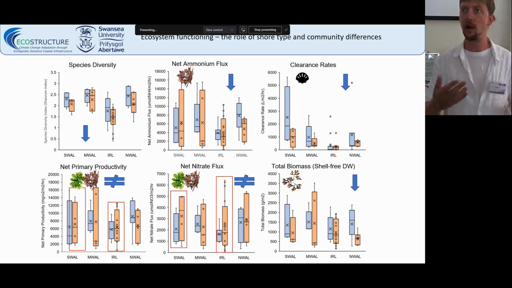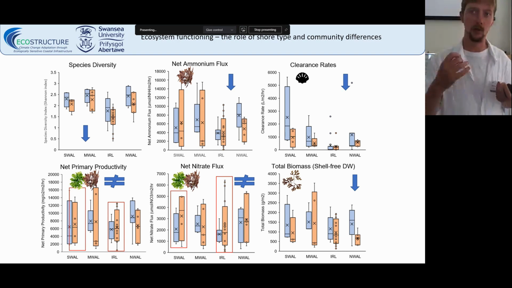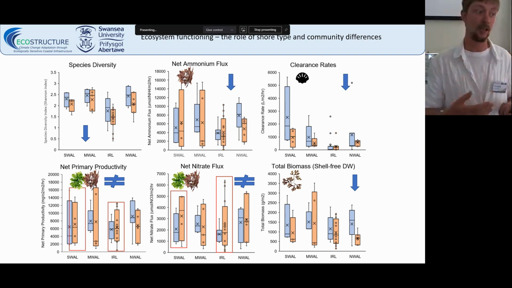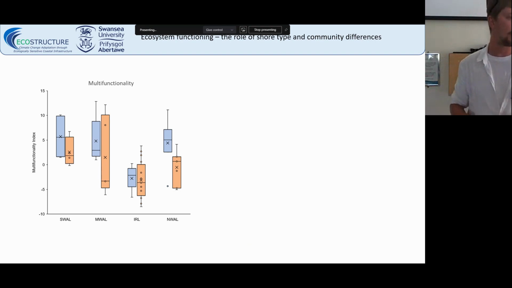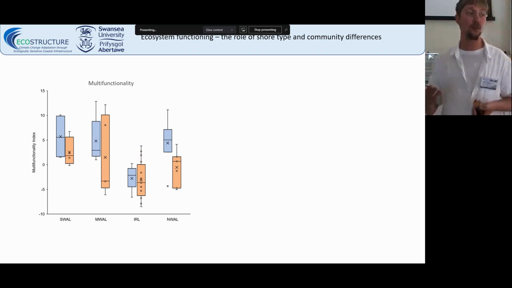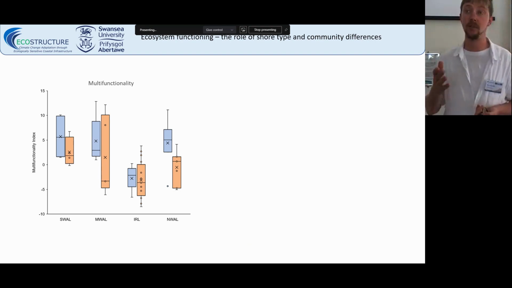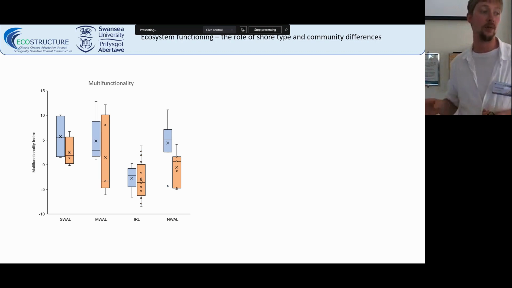So there is a trade-off there between these ephemeral species, which can grow very quickly, particularly during the summer, and the more long-term established community. Overall, this leads to artificial shores being less able to maintain multiple simultaneous functions. It leads to an overall depression in functioning.